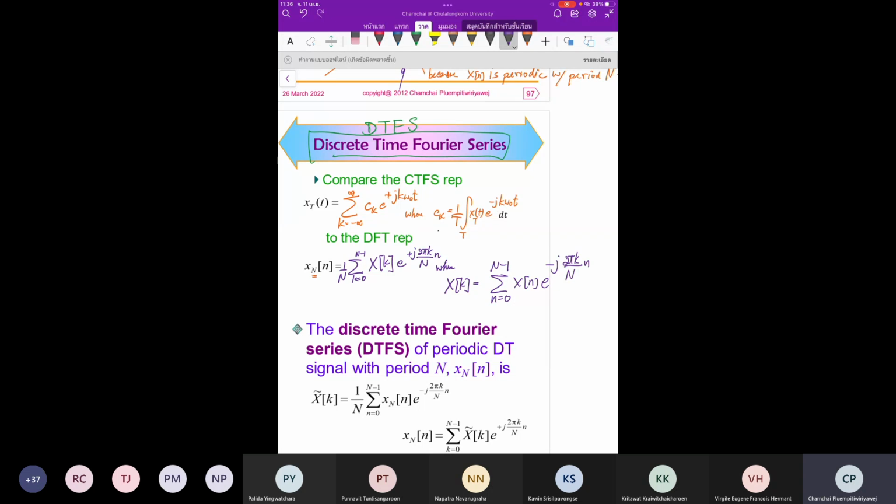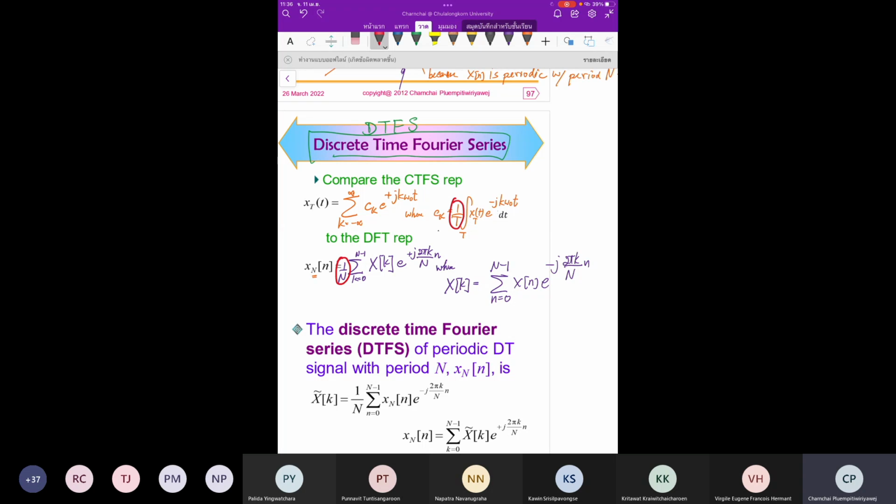Okay, the integral becomes the summation. That's all right. But the factor of 1 over n and 1 over t are at different places. This factor 1 over t is here, but this factor 1 over n is here. You can see it's not exactly DTFS.